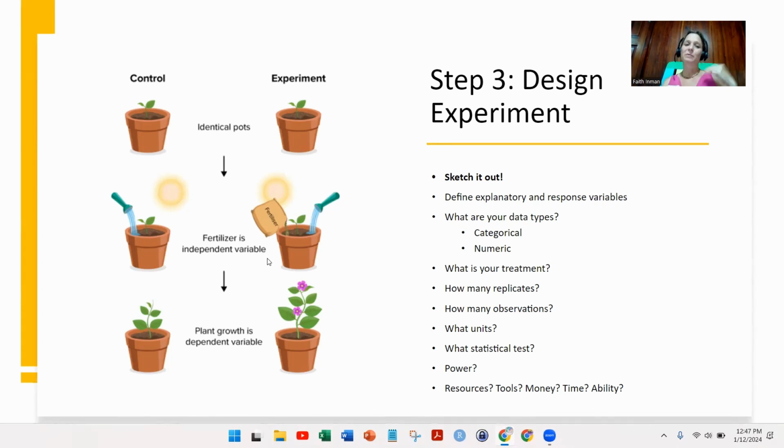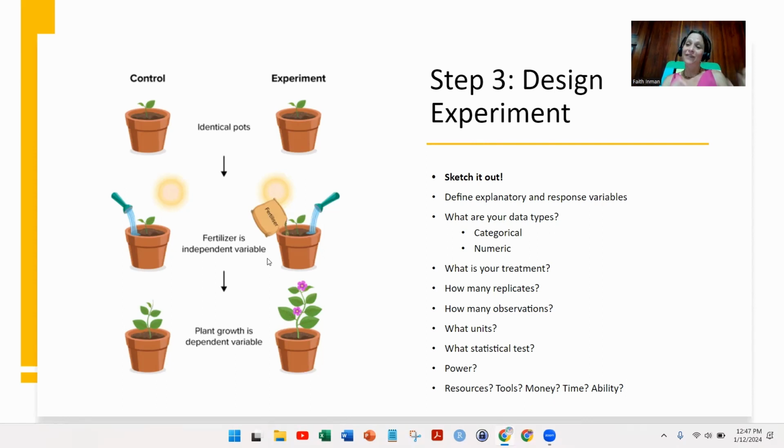But the word explanatory variable and the word independent variable, these two terms mean the same thing, really, right? These are what you would put on your x-axis. That's another way we would say it. Your x variable, your independent variable, your explanatory variable, same thing.